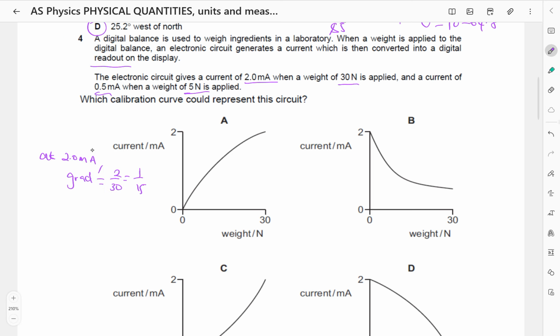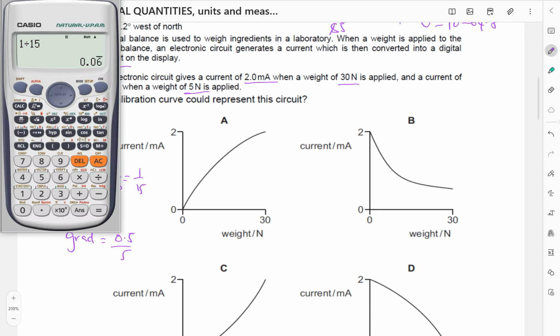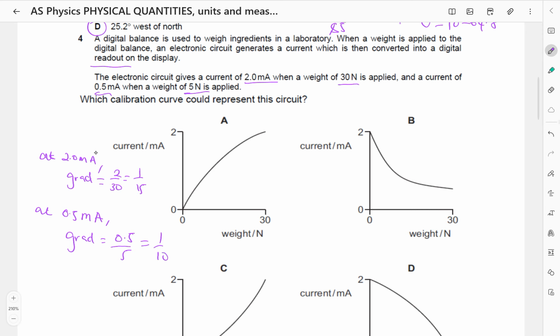Then I will check the corresponding gradient at 0.5 milliamperes. The gradient is going to be 0.5 divided by 5, that is 1 over 10.